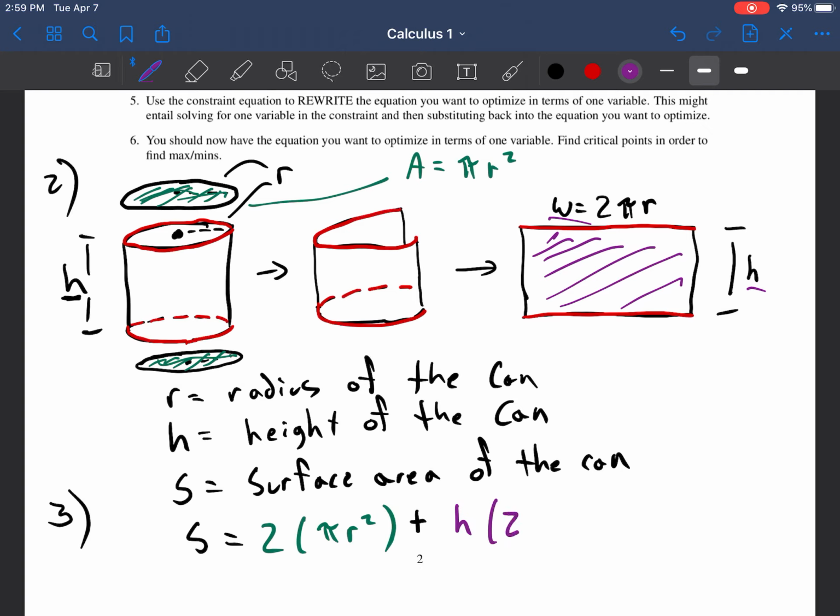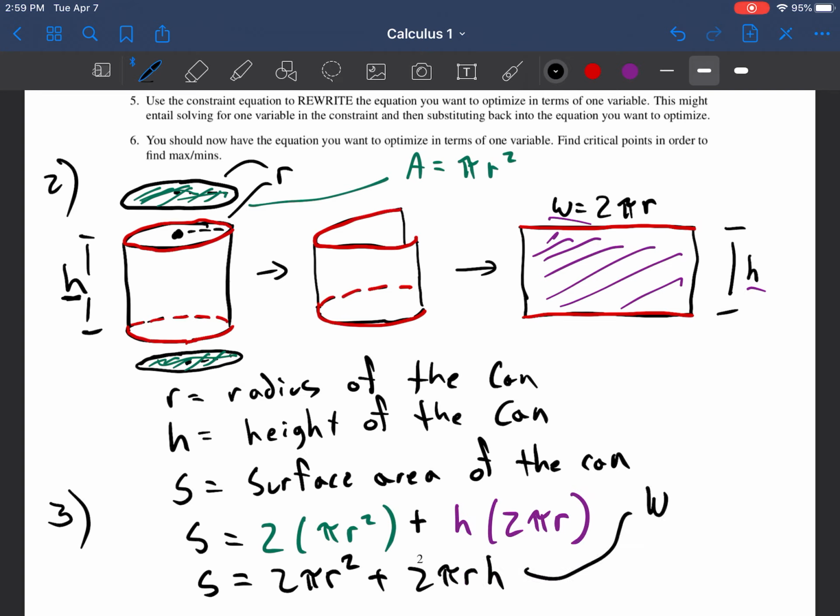Instead of w, I'm going to write 2 pi r. So this equation gives me my surface area: surface area equals 2 pi r squared plus 2 pi r h. And this is what we want to minimize.